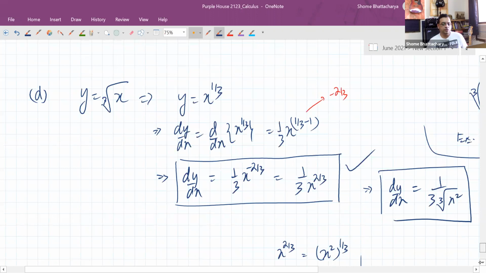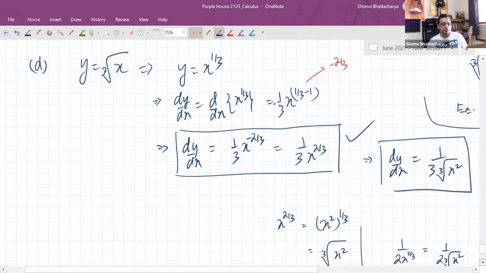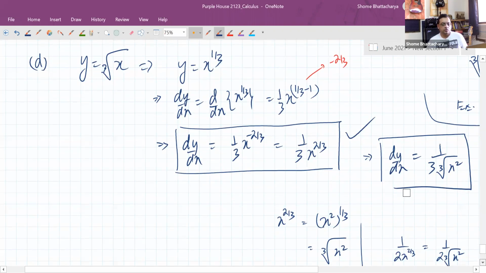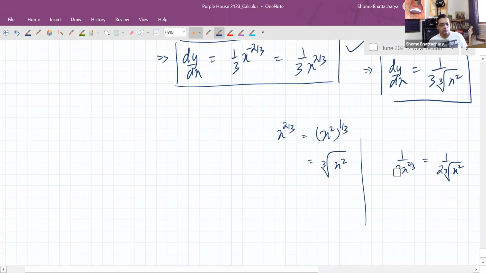Sorry, 1 by 3 into... So this is just another way of expressing it. It's not like we are simplifying this, because they are equally simple. Whether we write it as x to the power 2 by 3 or cube root of x square, it's equally simple. But it's another way of expressing the same thing.